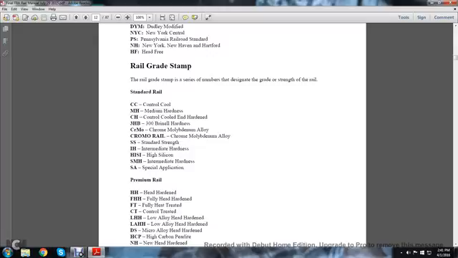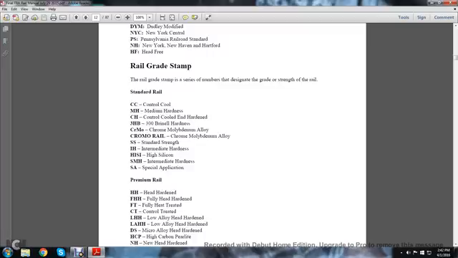The railroad grade stamp. The railroad grade stamp is a series of letters and numbers that designate the grade of strength of the rail. The standard rails should be either CC controlled cool, MH medium hardness, CH controlled cool end hardened, 3HB or 300 Brinell hardness, CRMO or chromium molybdenum alloy, or chromo rail, same thing.